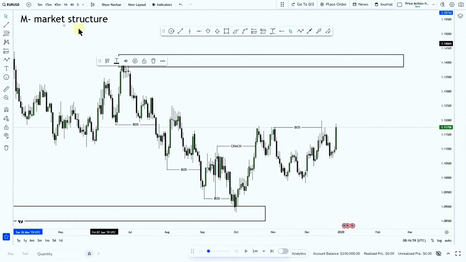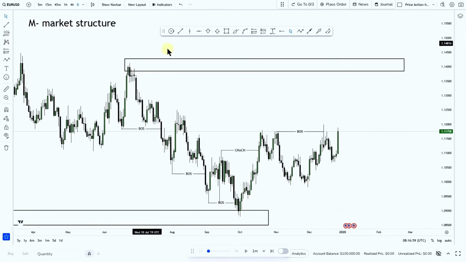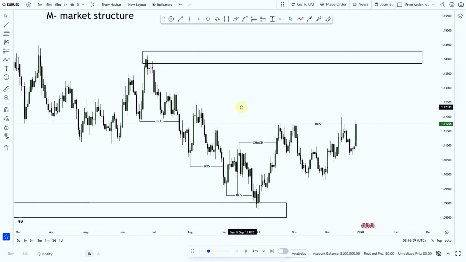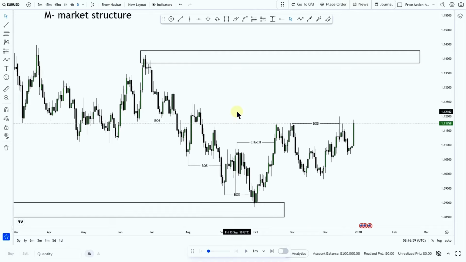Now we move to the next step, our area of interest. This is where the market usually makes its decision, where reversal starts or continuation gets confirmed. So now we drop to the 4-hour chart to refine those zones with more precision.